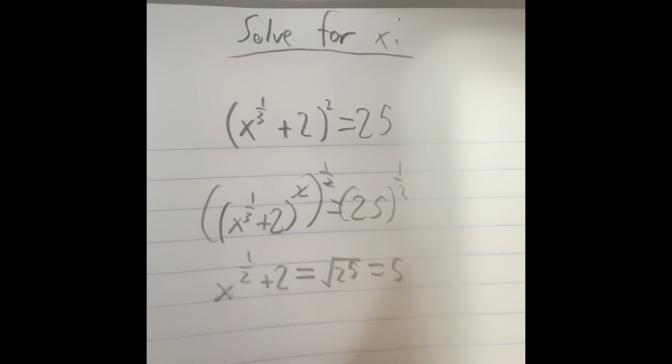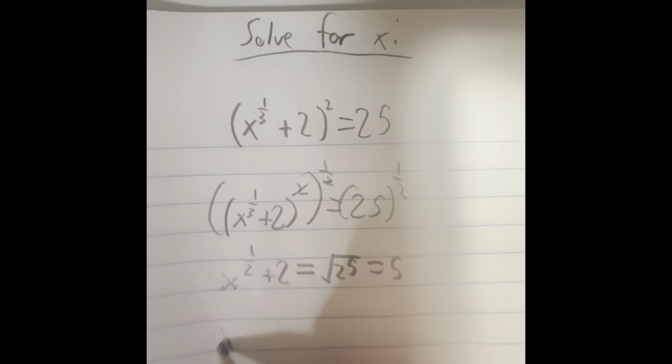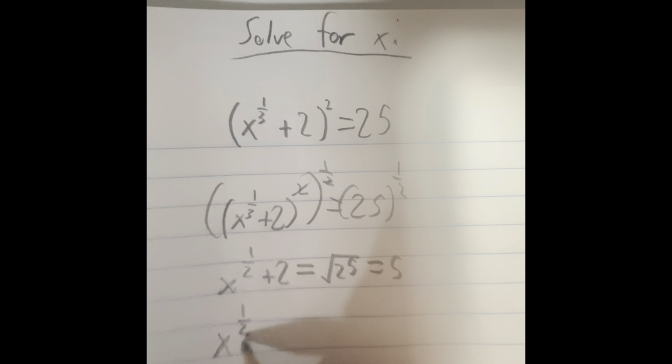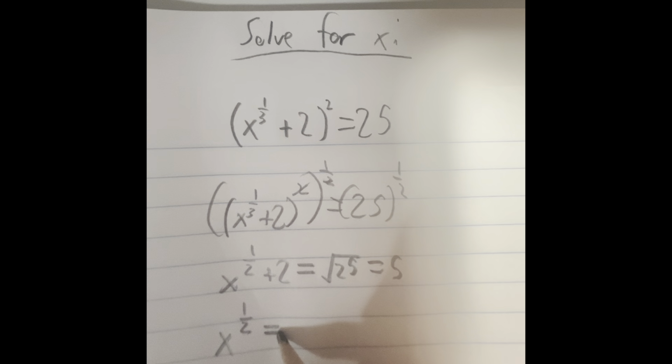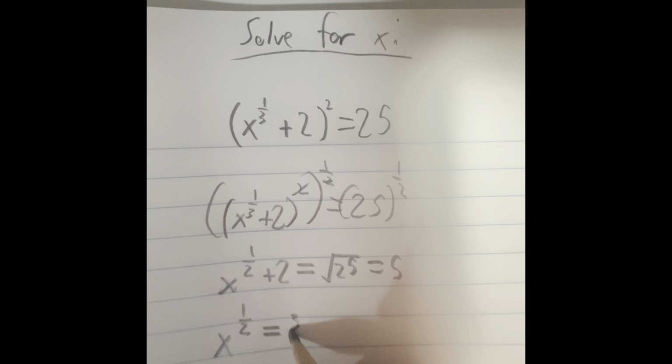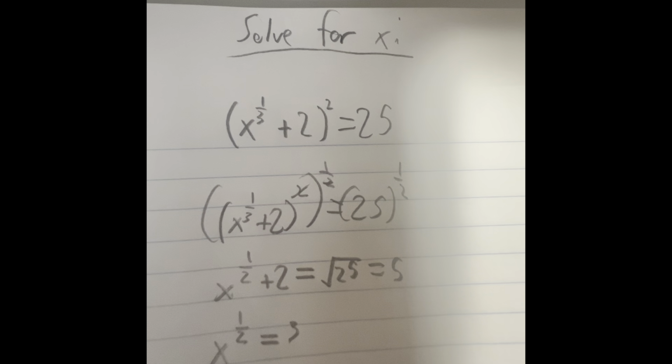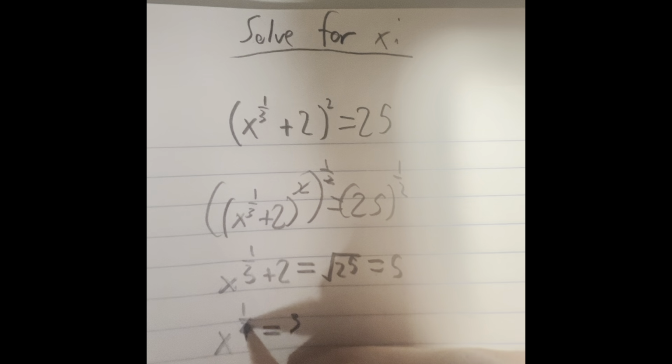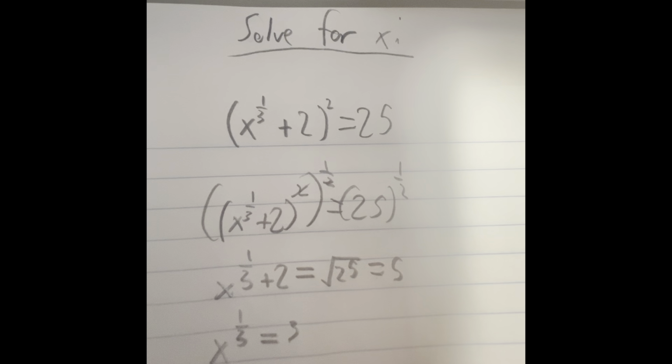So we can subtract 2 on both sides. So we'll have x to the 1/2 is equal to 5 minus 2, which is 3. Actually, no, I made a mistake here. So we'll have x to the 1/3 is equal to 3.